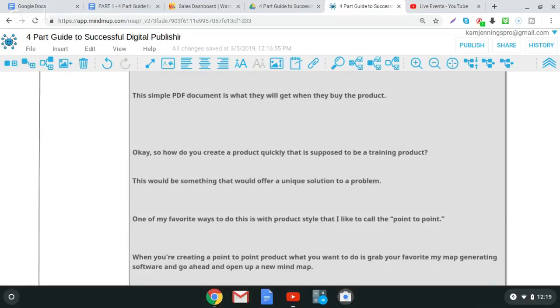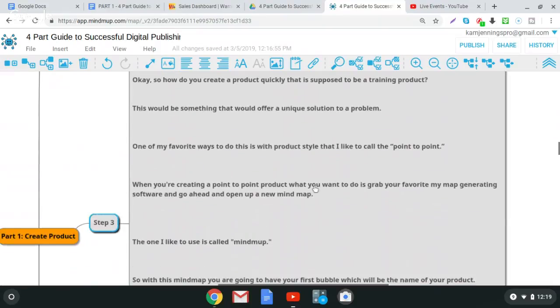This would be something that would offer a unique solution to a problem. One of my favorite ways to do this is with a product style that I like to call the point-to-point. When you create a point-to-point product, what you do is grab your favorite mind map generating software and go ahead and open up a new mind map.